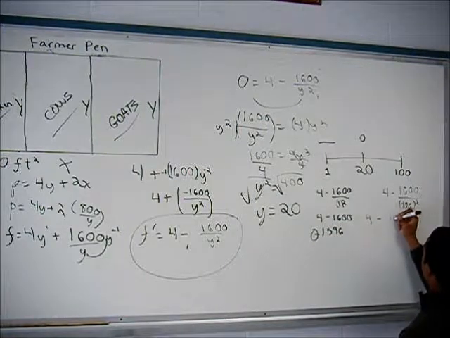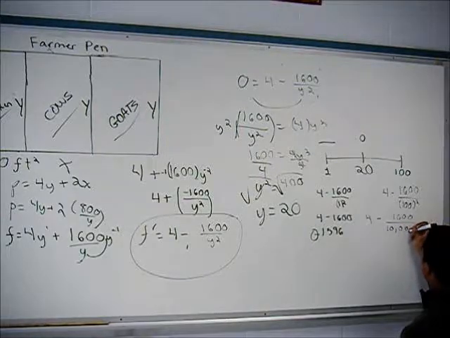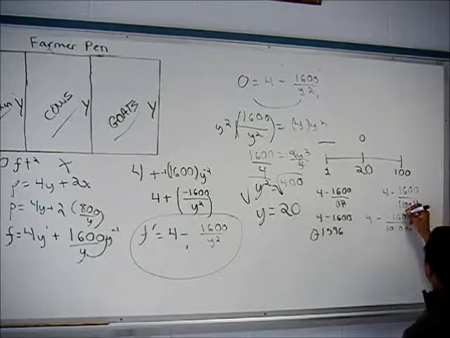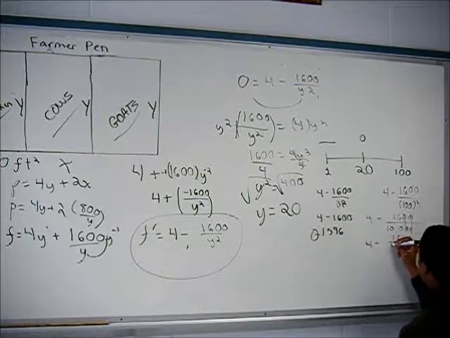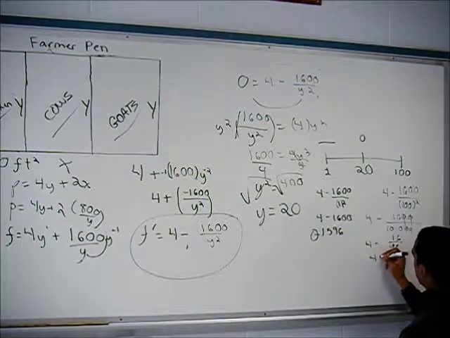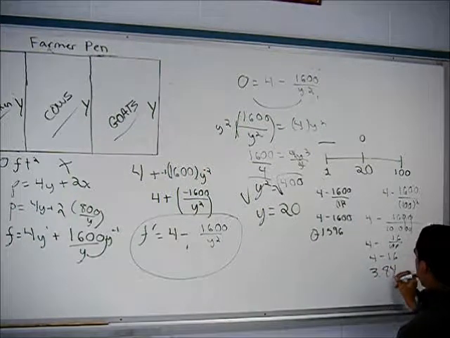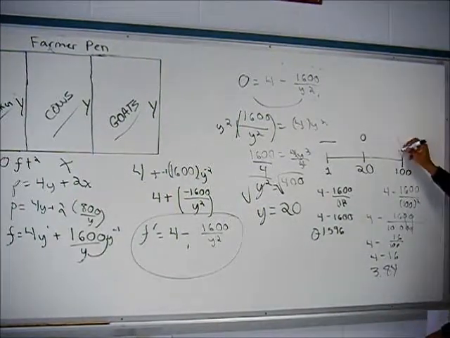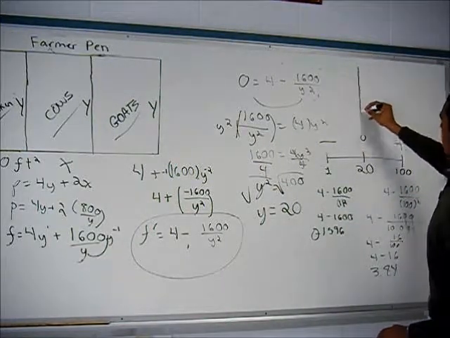So 4 minus 1600 over 100. That's going to be a rather tiny number, 16. 4 minus 16 is positive. So yeah, it is. All right. So in fact, it goes downhill, and then it's flat, and then it goes uphill.